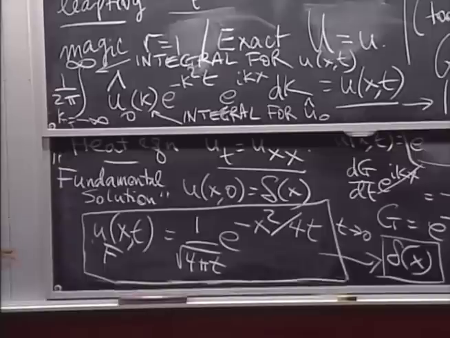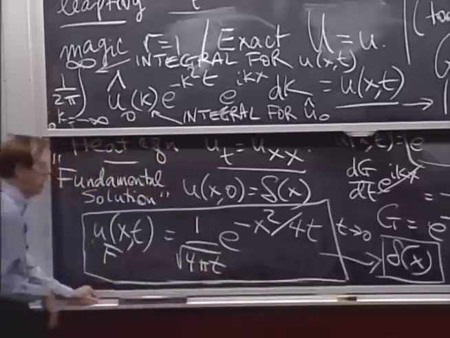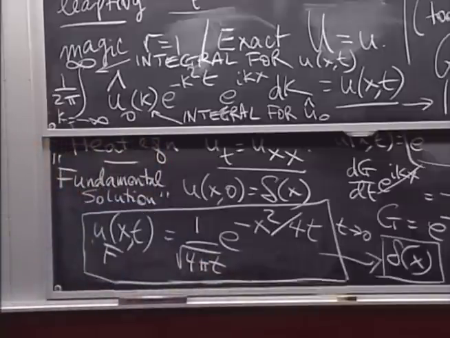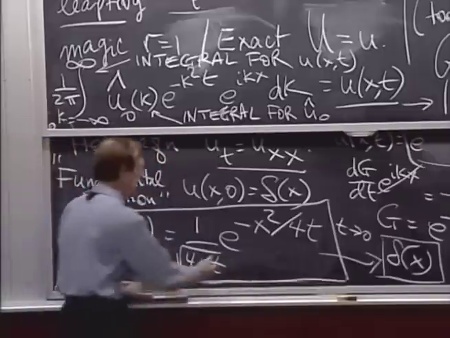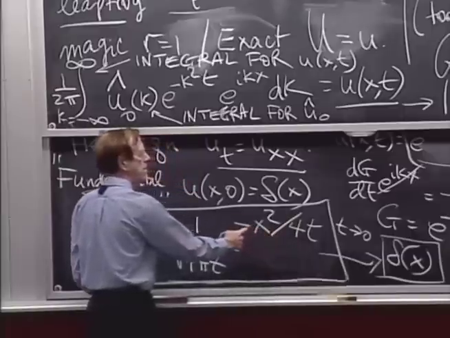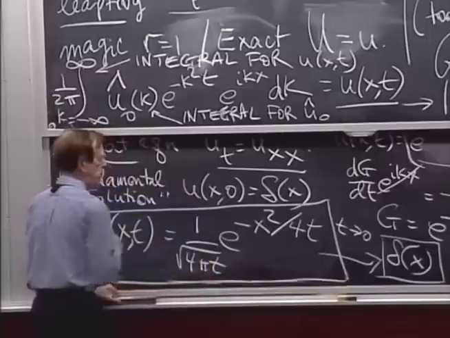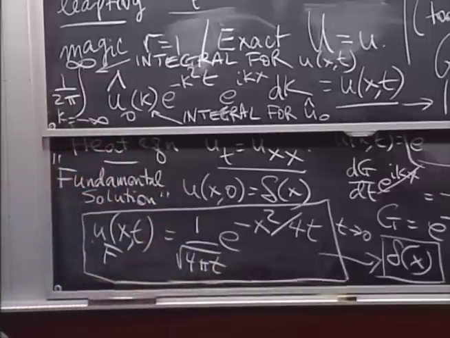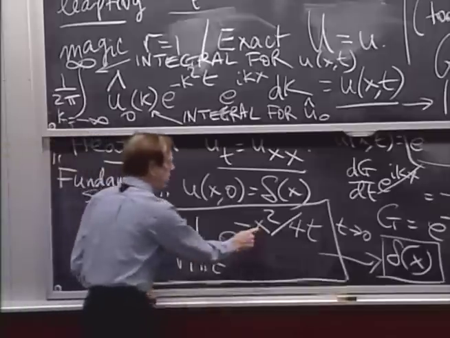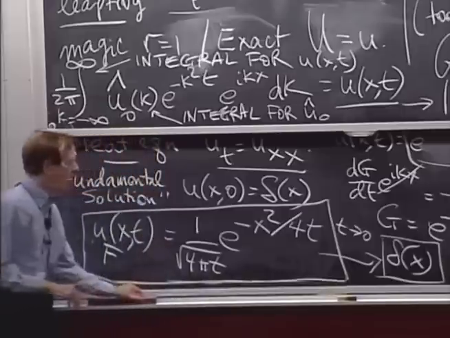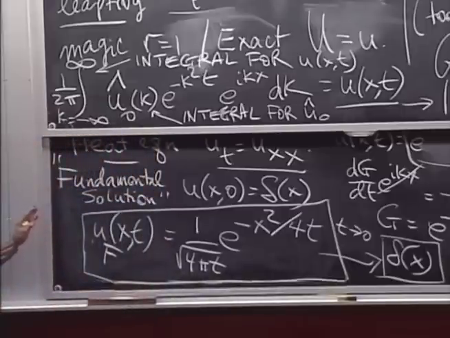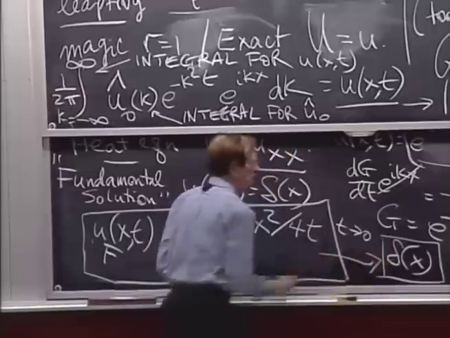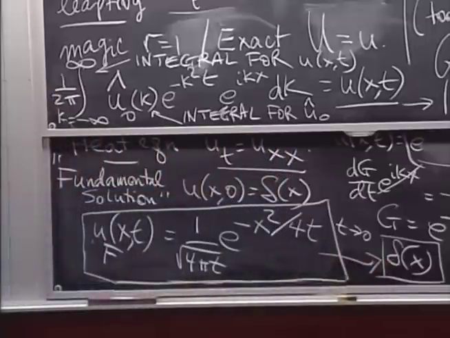That's going to 0 very fast, much faster than this is blowing up. So if you like to think of L'Hopital's rule or ratio, this quantity is going to 0 way faster than this one is, and the result is 0, except at the one point, x equals 0, where this is 1. And the fact that the total amount of heat stays at 1 tells us that the delta function is the limit there.